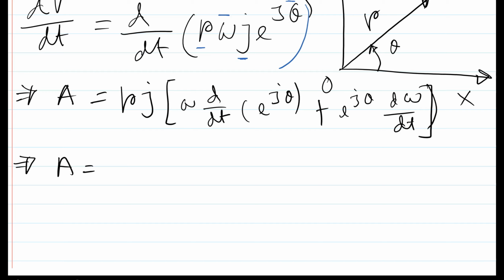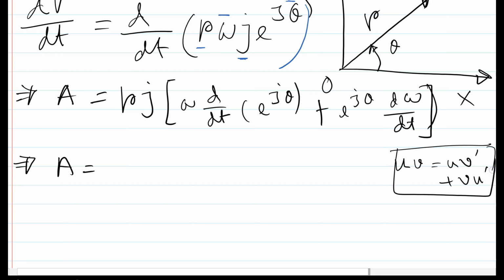When we differentiate these two parts, we get this kind of form, which is the UV differentiation. As you know, U times V prime plus V times U prime.